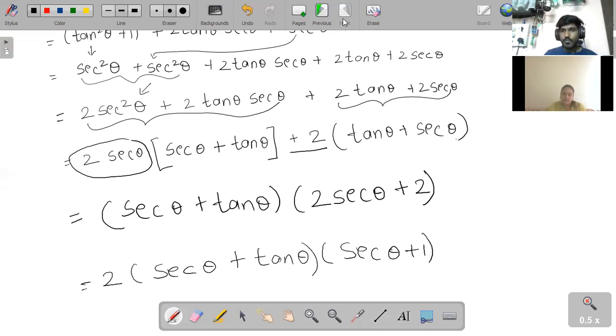If I take it out, then it'll become 2 sec theta and tan theta, plus tan theta and sec theta plus 1 in the other bracket, not sec square. We took 2 common, right? So 2 went outside, so 1 remained, right?